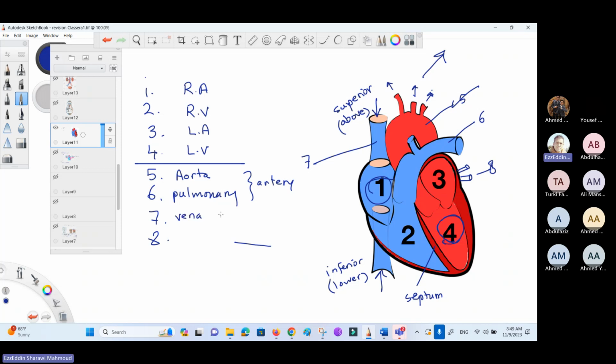Vena cava veins, superior and inferior. And 8 are the 4 pulmonary veins.